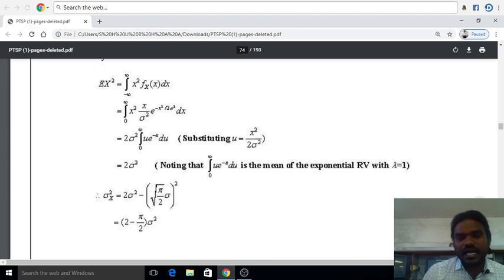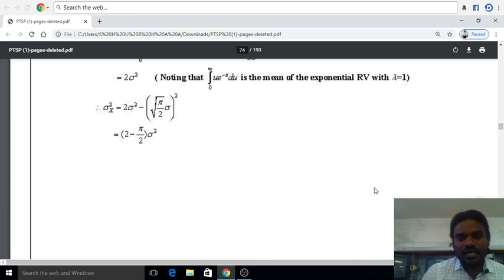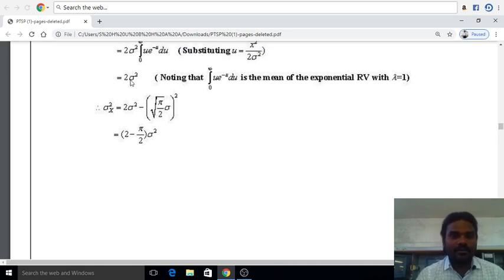Here also it is directly proportional to the value of sigma, which is the parameter of the Rayleigh random variable. And if you substitute the value of sigma, you can get that variance is equal to (2 minus pi by 2) into sigma square, so this is another form of the variance equation.